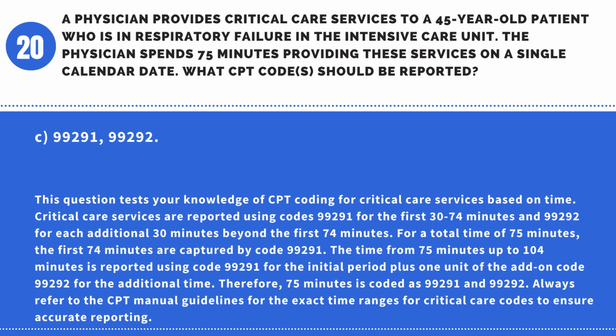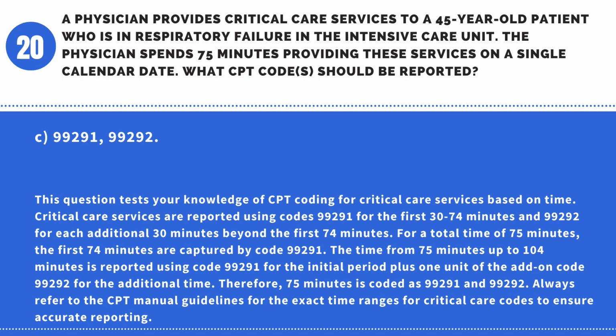You report 99291 for time up to 74 minutes, and add on code 99292 for each full 30-minute block beyond the initial 74, but for 75 minutes total, only the initial code is met. Therefore, 99291 is reported alone for 75 minutes of critical care time. Correction based on typical CPT guidelines, 99291 covers 30 to 74 minutes.